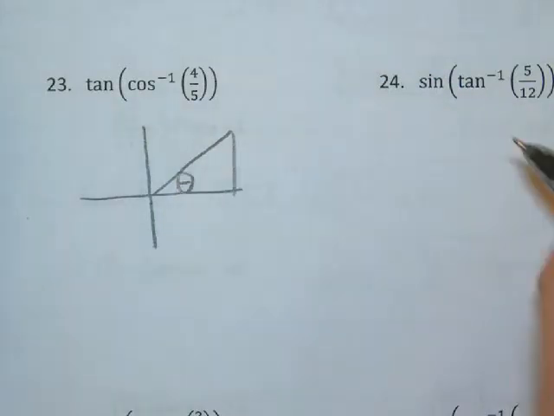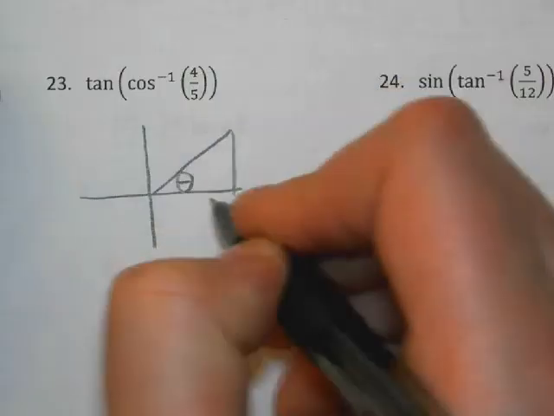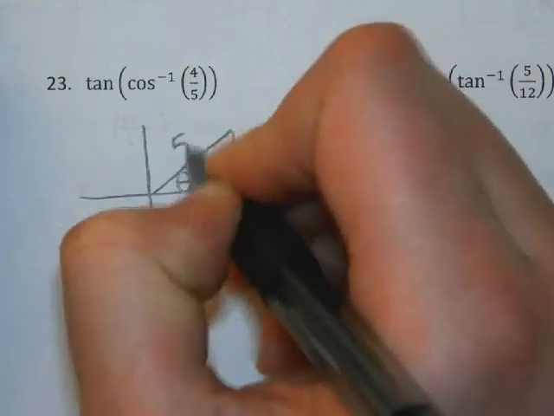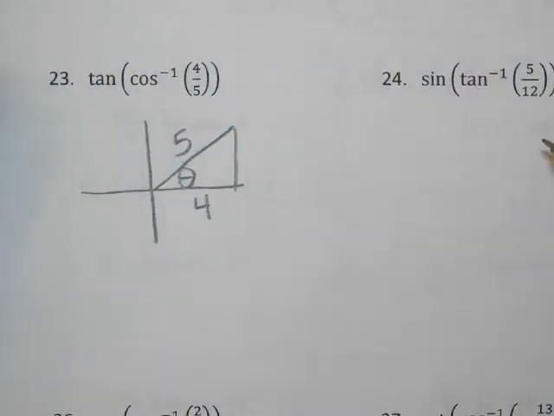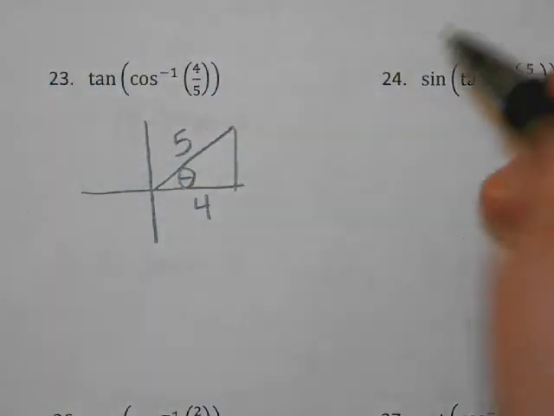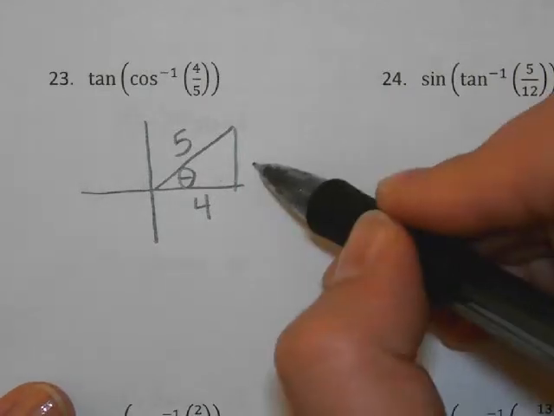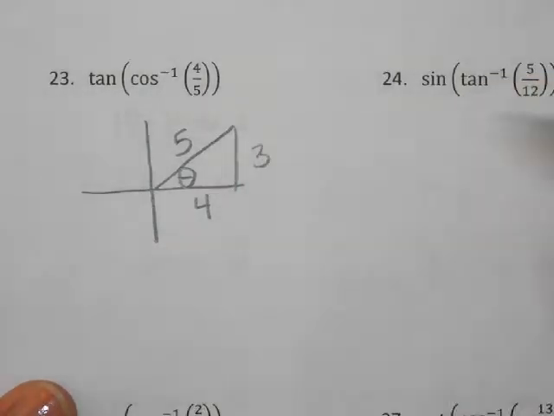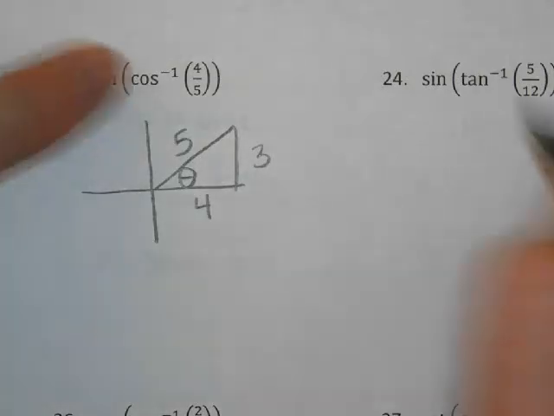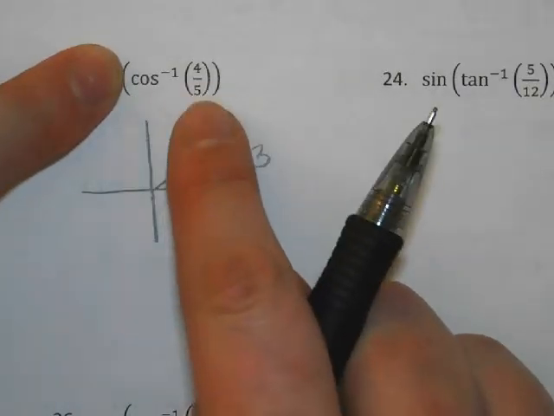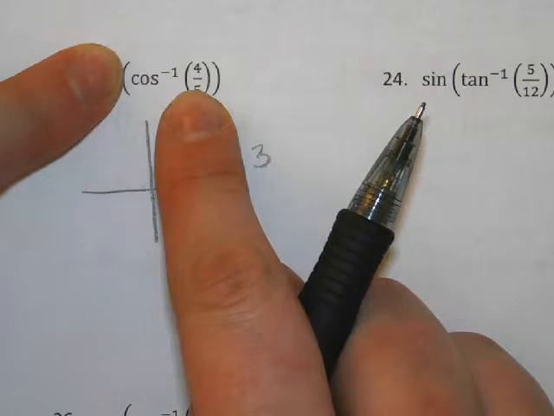And there's the theta. And the adjacent is 4 and the hypotenuse is 5. Does anyone know what that other side of the triangle would be? 3. Okay, that'd be 3. All right, so now we can say if they're asking cos inverse of 4 over 5, they're saying what angle are we talking about?